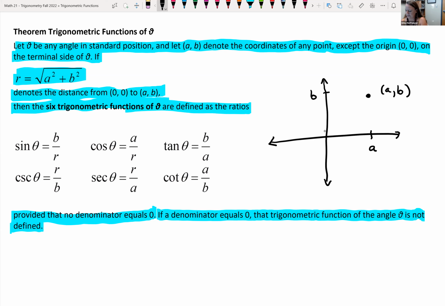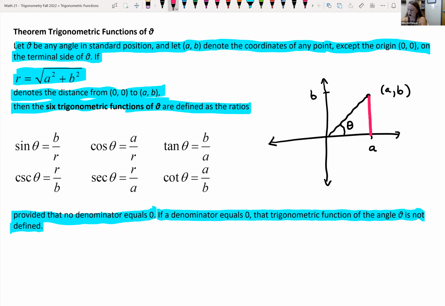Well, if we look at this and this line here, it's telling us that we can find that distance by using either the distance formula, or think of it as we can make this a right triangle with that angle theta. Now if we make this a right triangle from that angle theta, we can figure out our trigonometric functions.